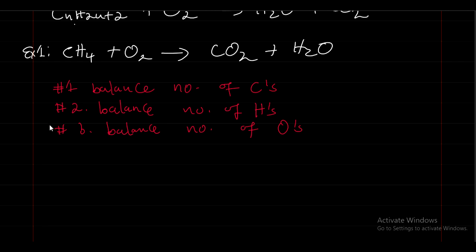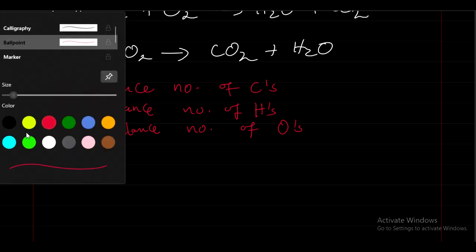An O2 is a molecule, an oxygen molecule. When I just say O, I'm saying the number of atoms of oxygen. I'm not saying the number of O2s, I'm saying the number of O's. So now, let's get our solution.